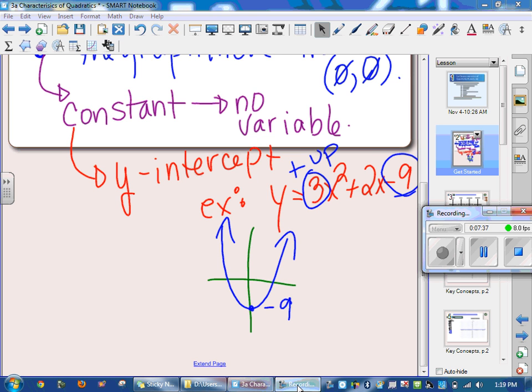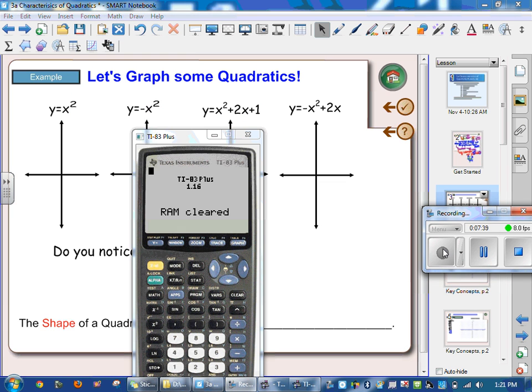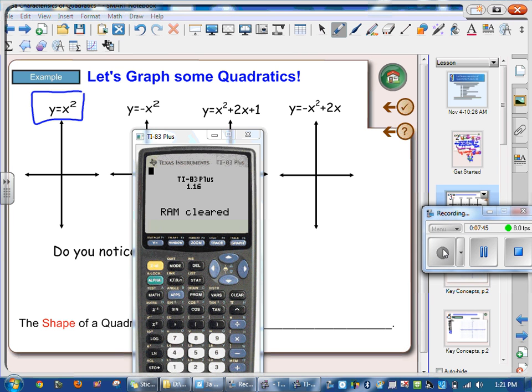Okay, on the next one, we're going to graph some of these graphs and see what we are. This guy here is our basic quad graph that we compare everything to. And this is the other basic one. They're identical, only one has a hidden positive one, the other one has a hidden negative one. So everybody put those into your y equals, and we're going to see what happened to those.